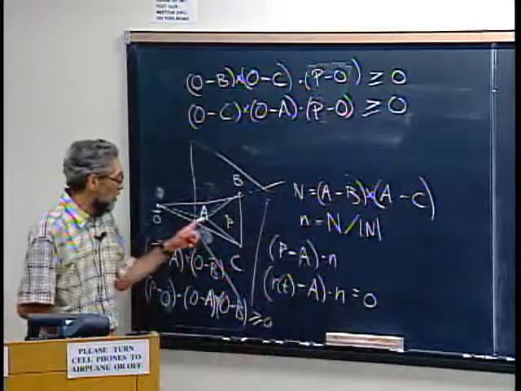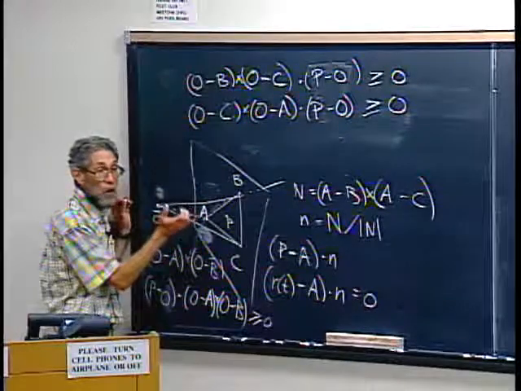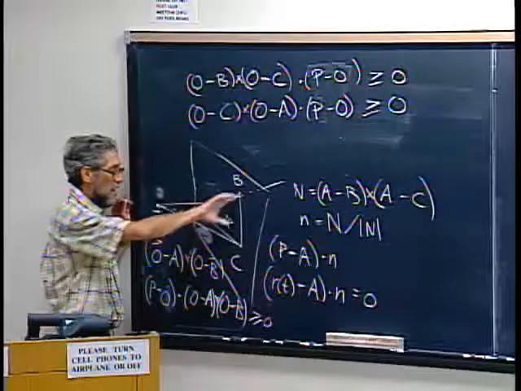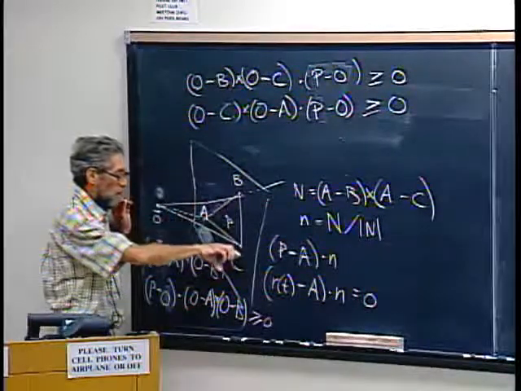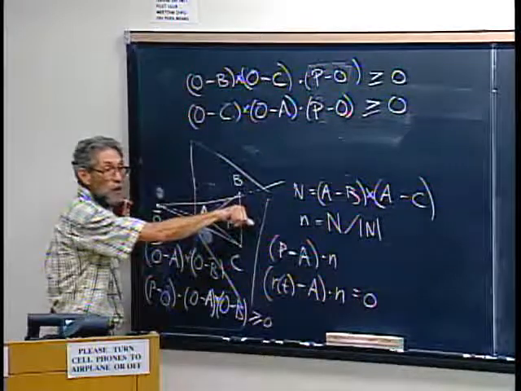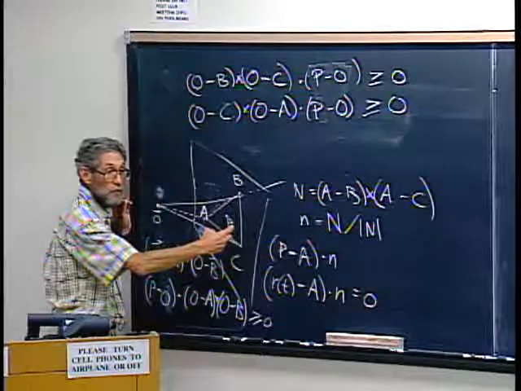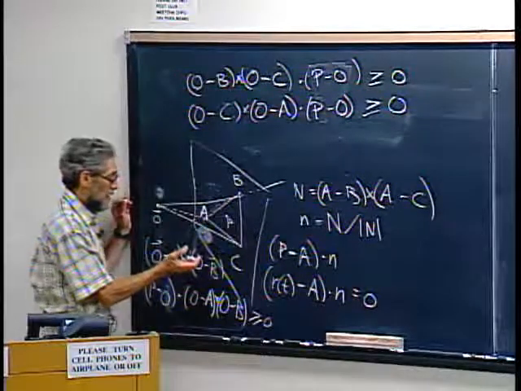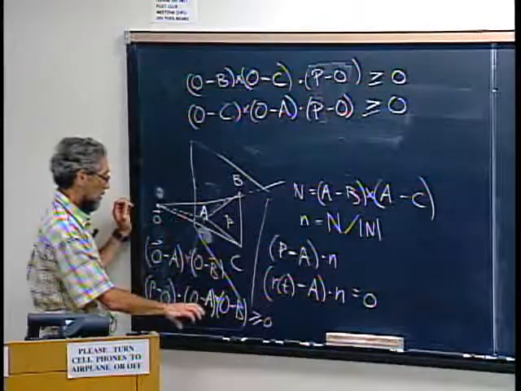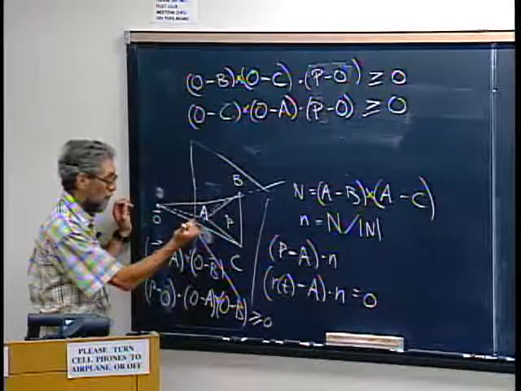But that's only because normally if you have a face, you're getting an outward normal. Like if we take B minus A cross C minus A, we get the outward normal here, because this was counterclockwise when viewed from outside. And this one is clockwise when viewed from outside.